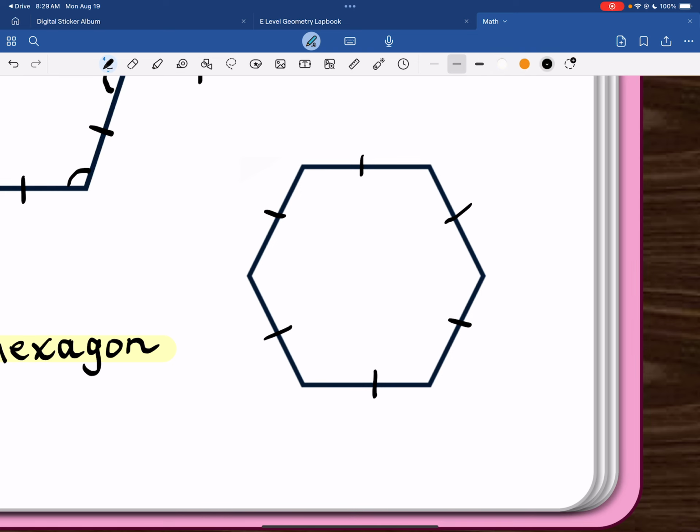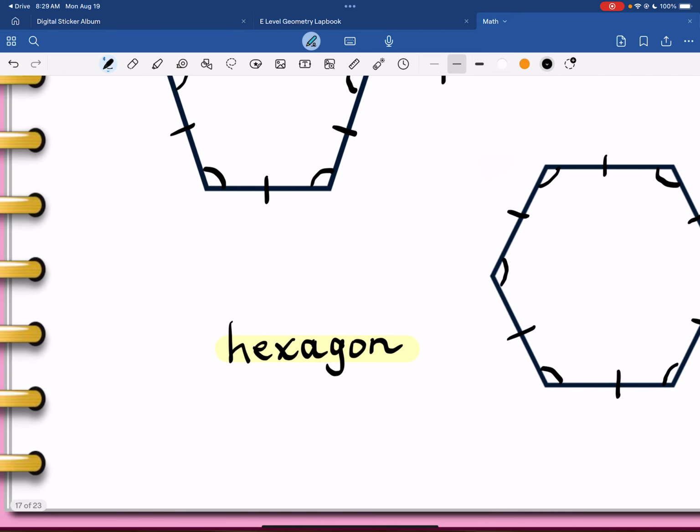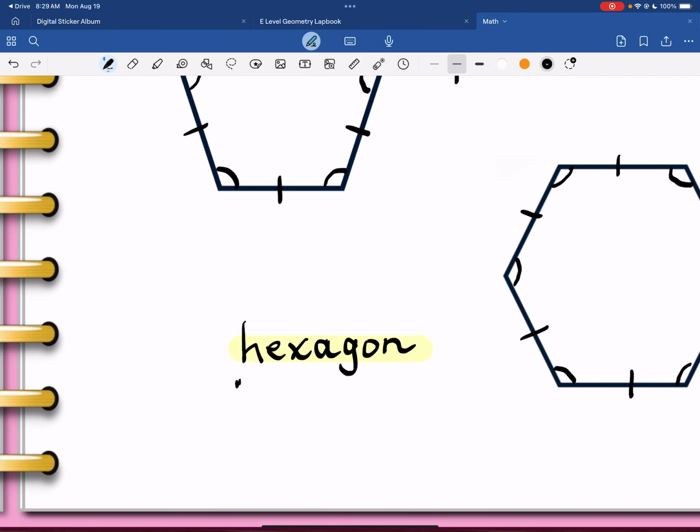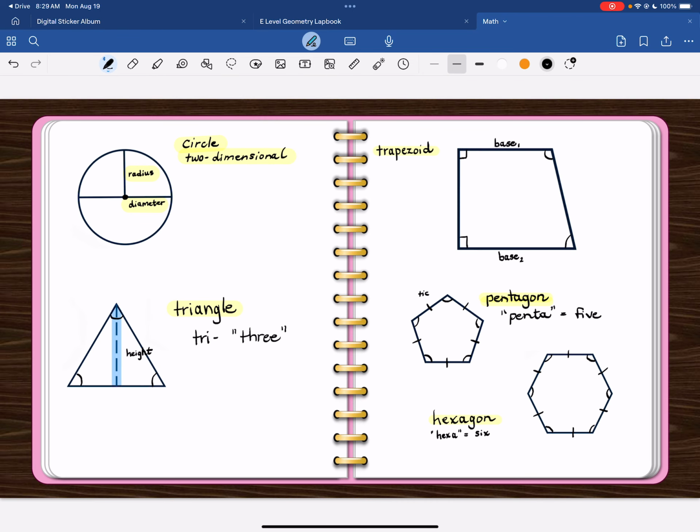Let's mark those. There's 1, 2, 3, 4, 5, 6. Hexa is 6. Both of them have an X. Hex, 6. Hexagon has 6 sides.